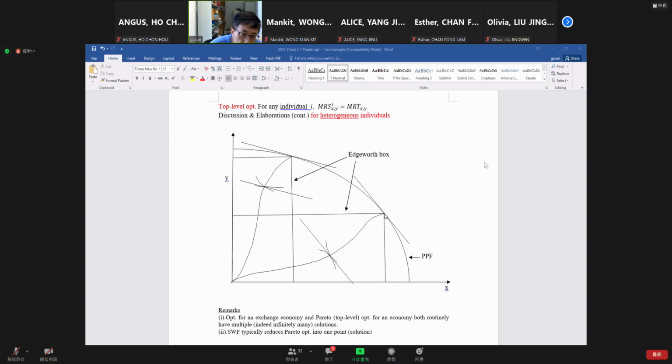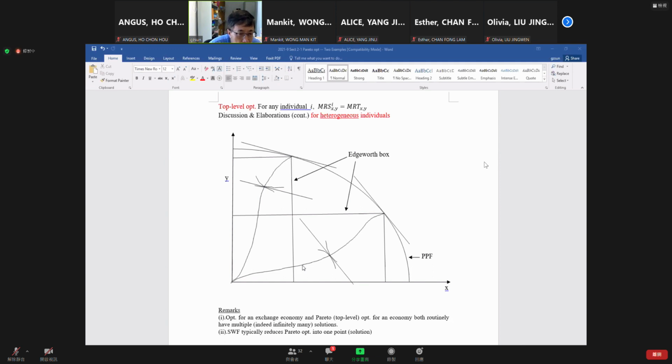That means we produce this much of X and this much of Y. And then, focusing on this given level of production, we can discuss the so-called exchange optimal. We collect all the exchange optimal points together and we can draw a curve. Each point is exchange optimal.